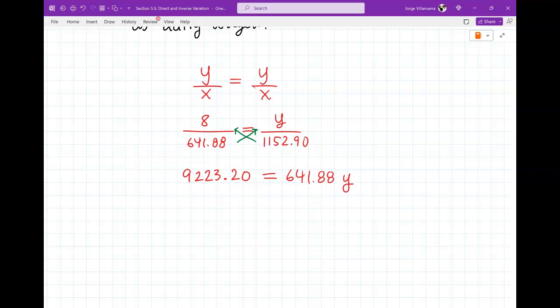Now I'm going to divide that by 641.88. Okay, 641.88. And this is what I get. So 14.37 is equal to y. Now, what does y represent?